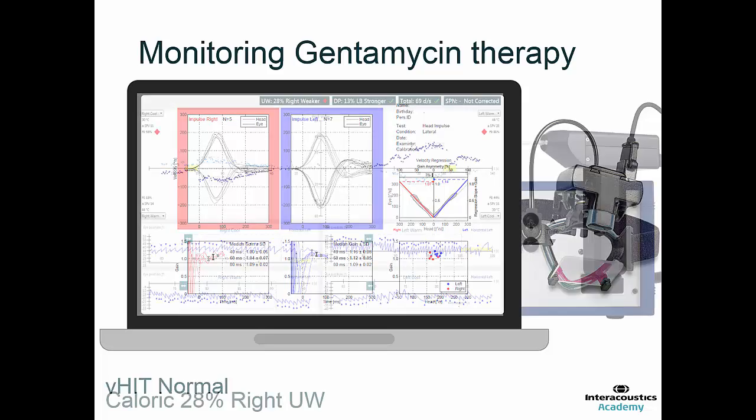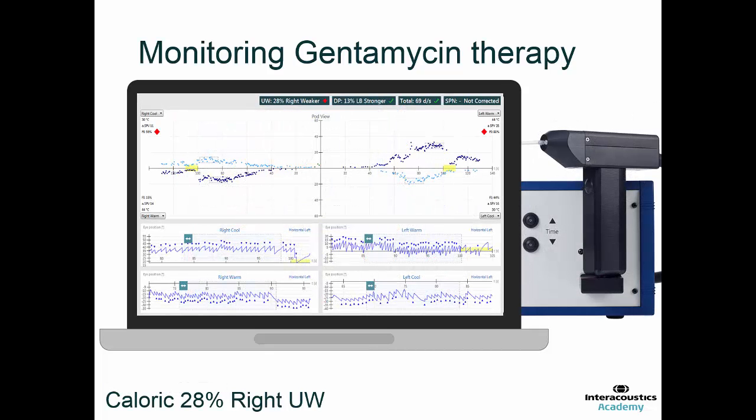If we do a caloric test, what we can see is that this person has had gentamicin administered to the right ear, and we can see that there is a caloric weakness. And then you can continue to build up this gentamicin, so it takes out the low frequency response, followed by the mid frequency response, and lastly the high frequency response.